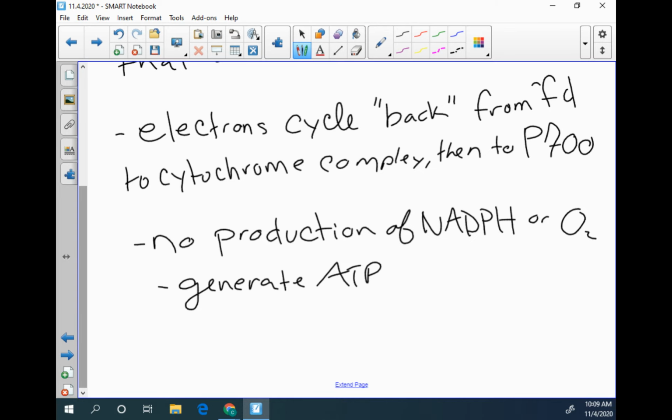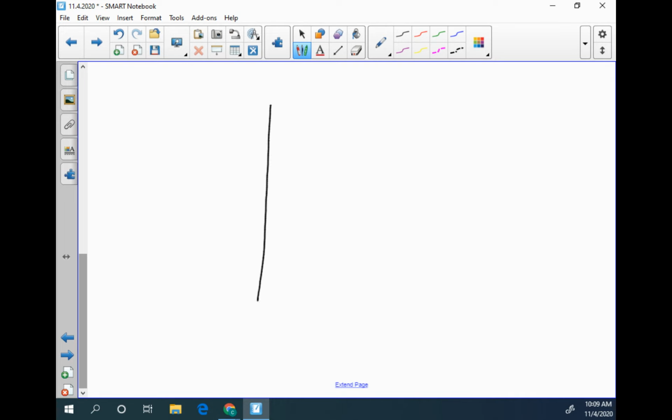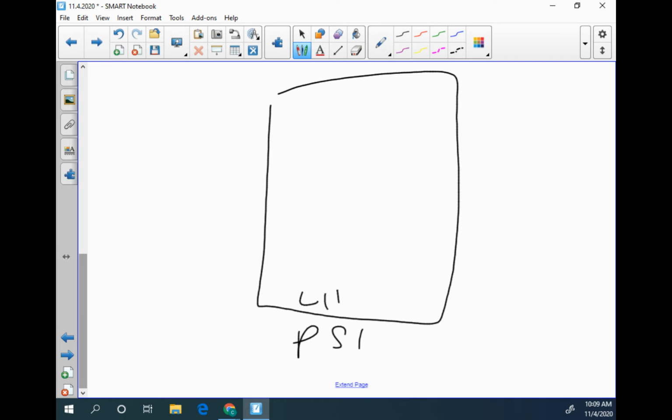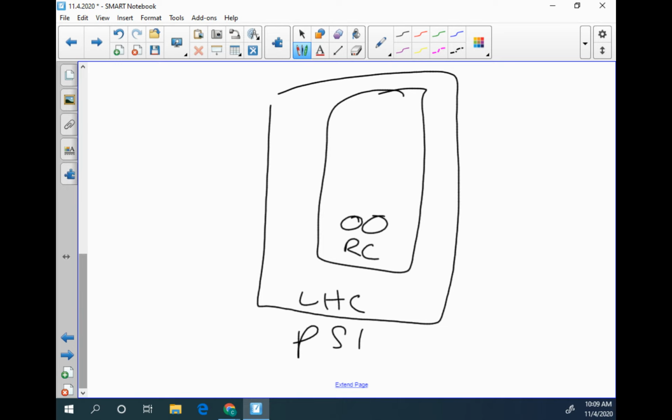So if we are drawing it out, we have photosystem 1, we have our light harvesting complex, and we have our reaction center. In our reaction center, we have our 2 chlorophyll A molecules, we have our electron acceptor, and usually those electrons will go to the electron acceptor and then to ferredoxin. Ferredoxin was over here in our last sketch.